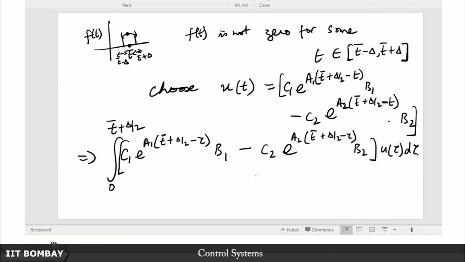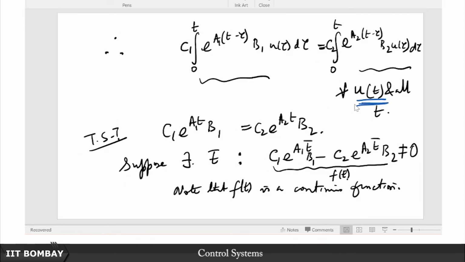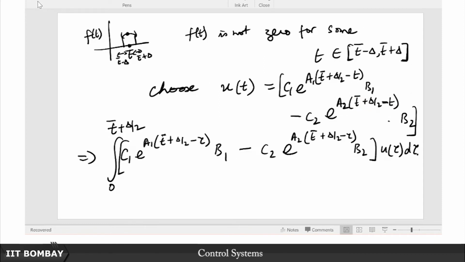This we know should be equal to 0, right, because we know that for every time instant t and for every input that you apply, this must be true. So let me just rephrase that. Now we must have this equal to 0, why?